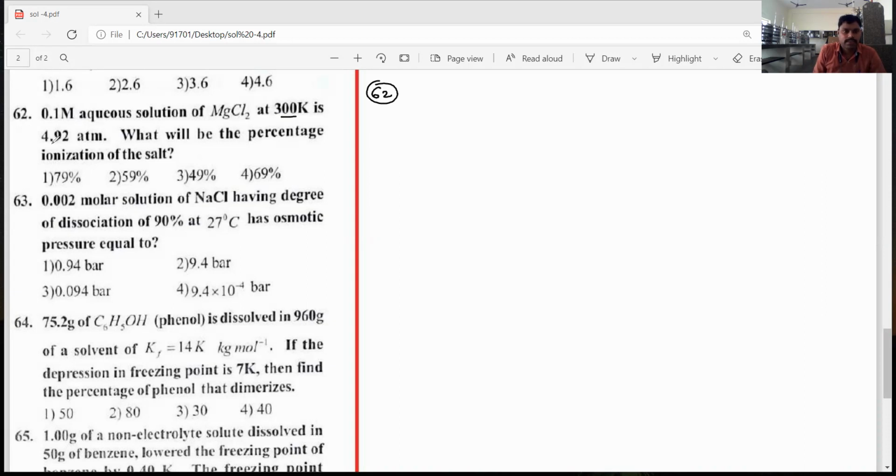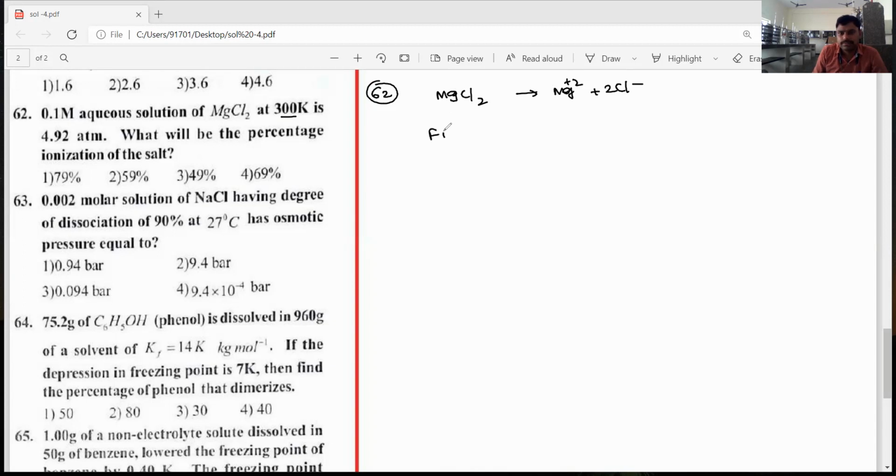The osmotic pressure is 4.92 atmospheres. What percentage of ionization of the salt? That means we need to find the alpha value. For that, first we have to find the i value. MgCl2 is ionized to give Mg2+ and 2Cl minus, but it is not 100% ionized.